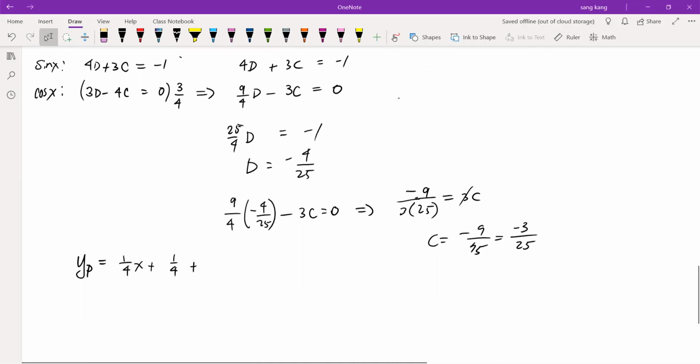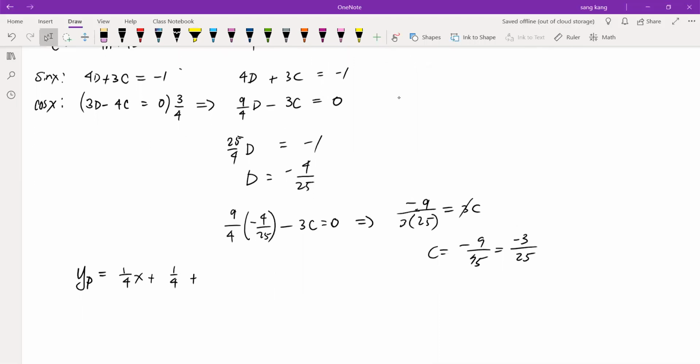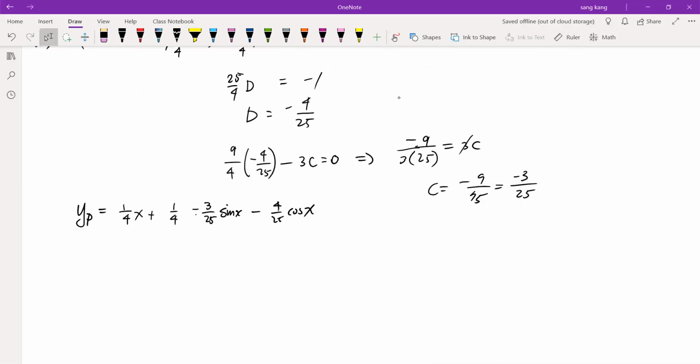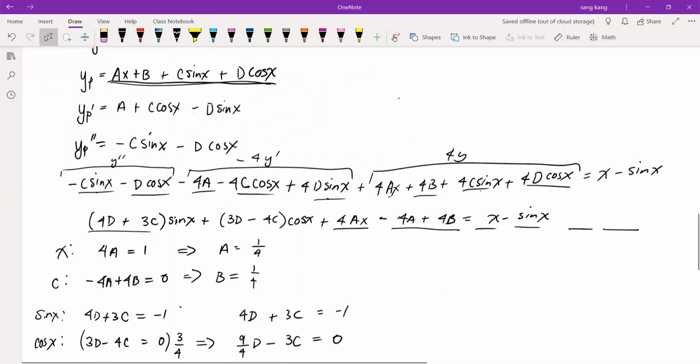So c is minus 3 over 25 sine x minus 4 over 25 cosine x. Okay, so there's our yp, and then y is going to equal yc plus yp, and I'm not going to write that out. We'll just combine this guy and this guy here, right?